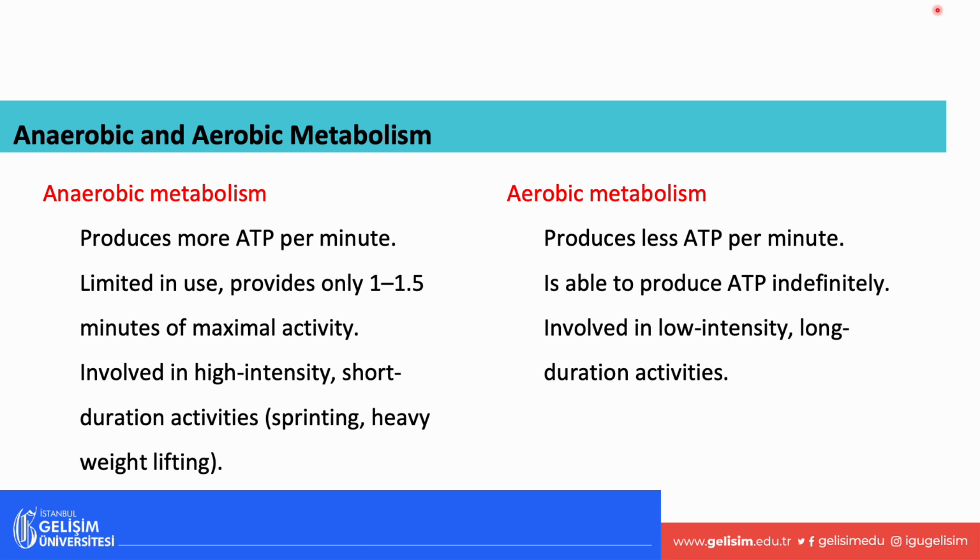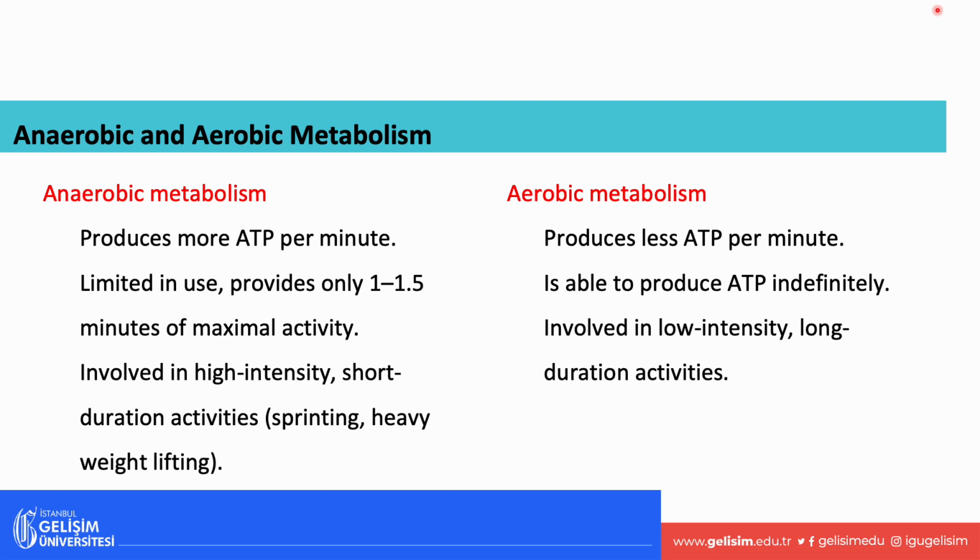Now, aerobic metabolism, all right, this is a type of energy production that requires oxygen. Okay, so aerobic metabolism needs oxygen. It's capable of producing less ATP per minute than anaerobic metabolism. However, it's able to produce ATP indefinitely, which means it can sustain very long periods of physical activity.